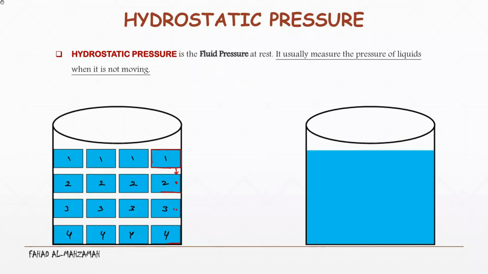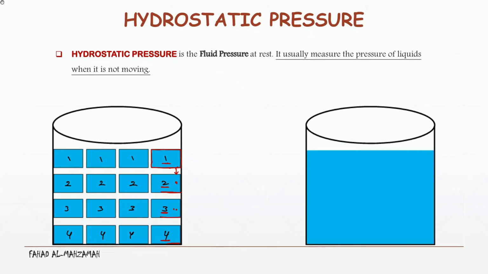So molecule 4 is exposed to pressure by the weight of the 3 molecules, 3, 2, 1. So what can you understand? What about the pressure at this point compared to this point? Of course, the pressure at molecule number 4 is greater than molecule number 3, greater than molecule number 2, greater than number 1.